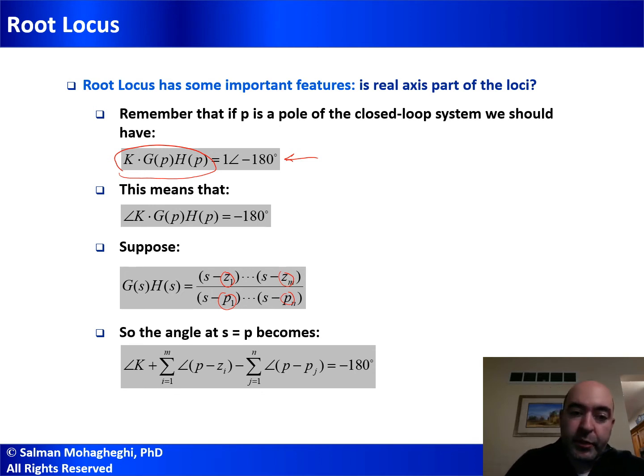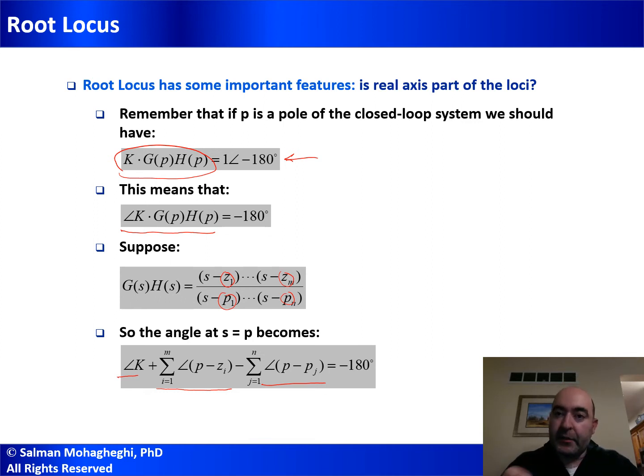So the angle of K times GH evaluated at P will be the angle of K plus the sum of all the angles of the numerator, the angles of P minus Zi's, minus the sum of angles of all the terms in the denominator, the angles of P minus Pj's.